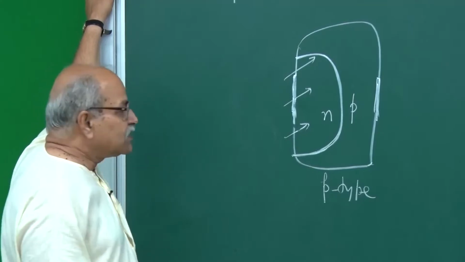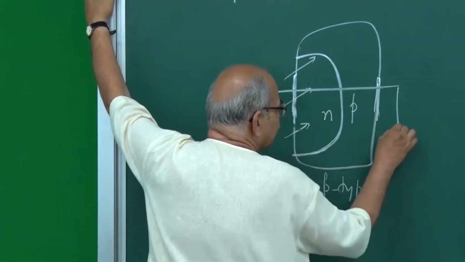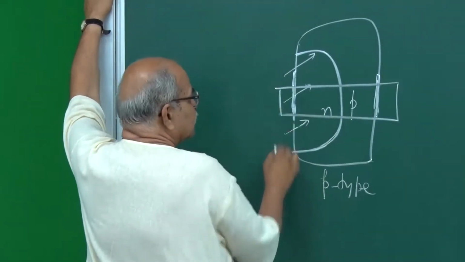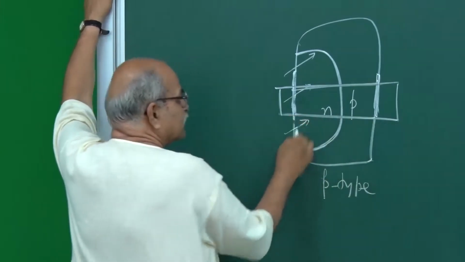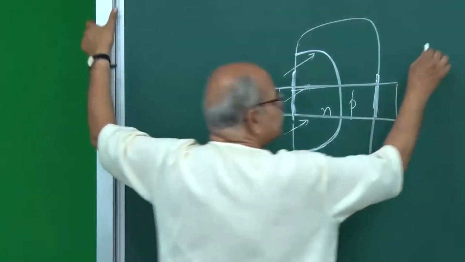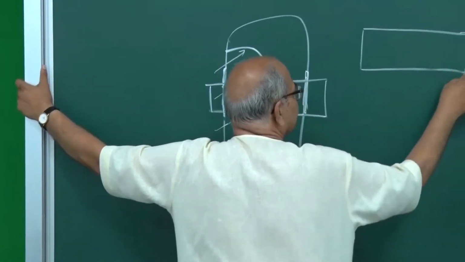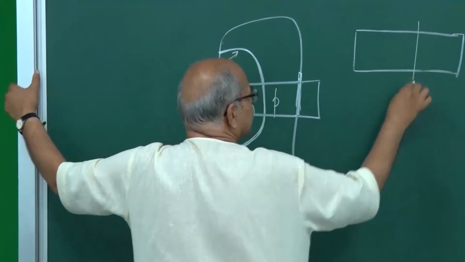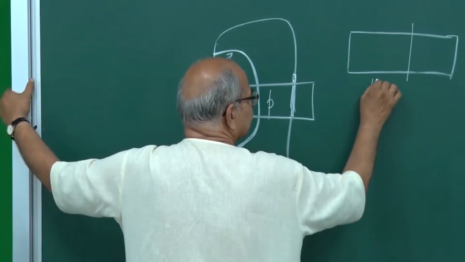So, for our discussion I will be drawing this part of the system. I will show it in the diagram many times, maybe 20 times, a p-n junction as a rectangle like this, and then a line in between, and then one side is n side, one side is p side, like that.